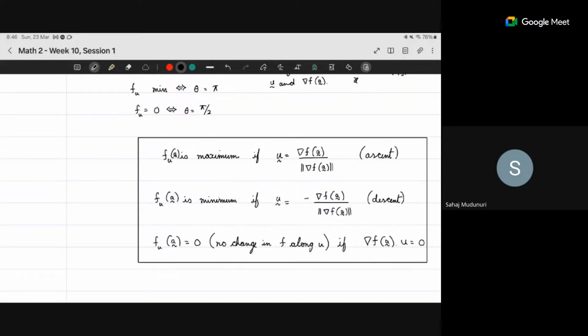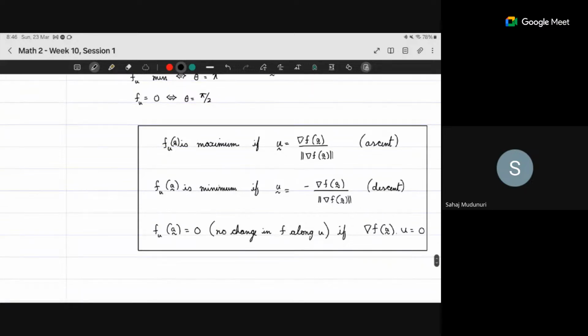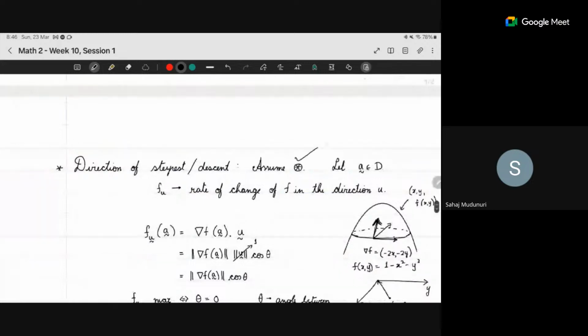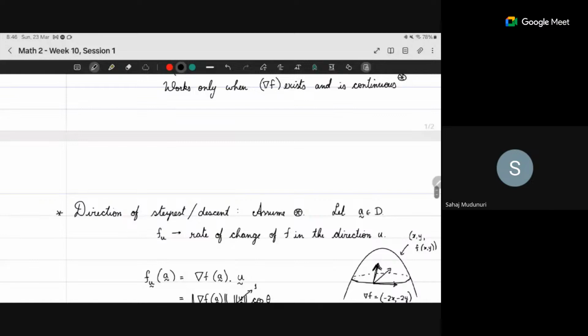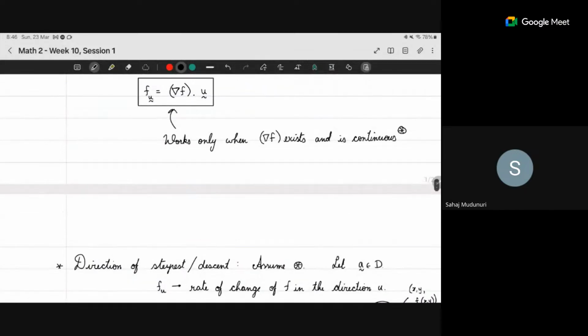So for every point in the function, the direction of steepest ascent will be the gradient divided by the norm of the gradient, the normalized gradient vector. So it's for all points in the domain, yes, as long as your star is satisfied, which is that the gradient exists and is continuous.